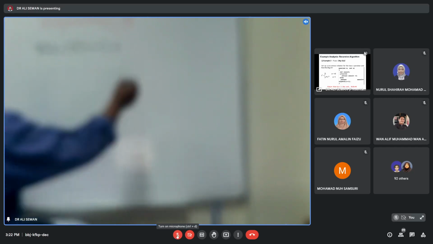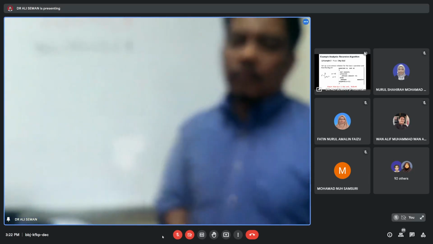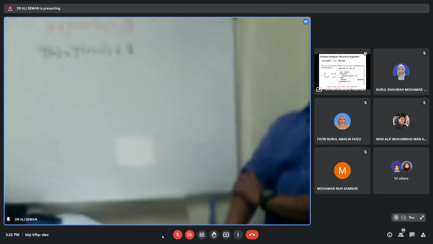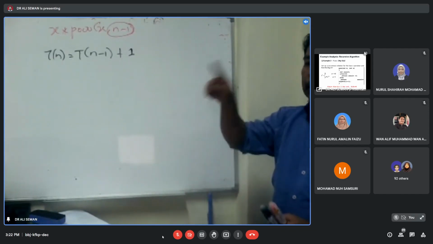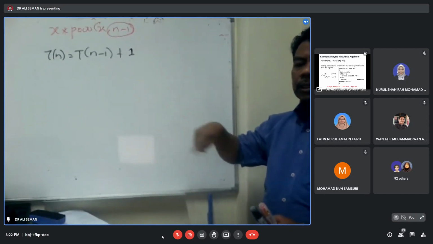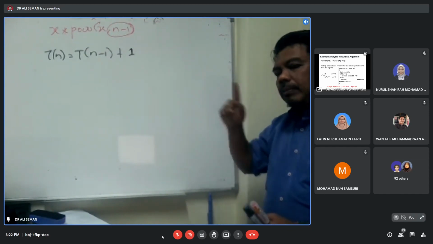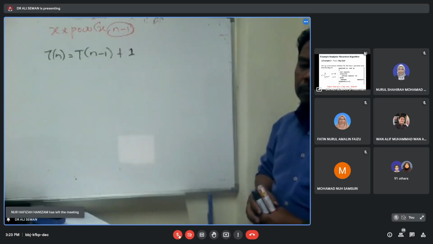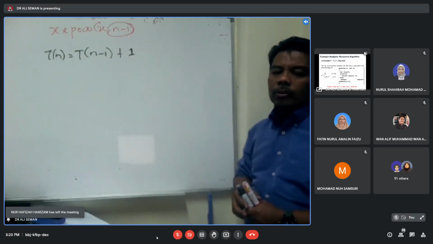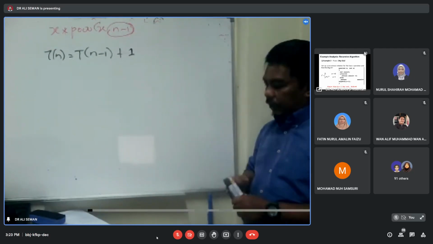So plus 1. This is similar to the factorial just now, because for every iteration it is only one iteration. Not n iterations, not n times. One time. Clear? And T of 0 starts at 0. So when we do the analysis, it is the same thing, right?